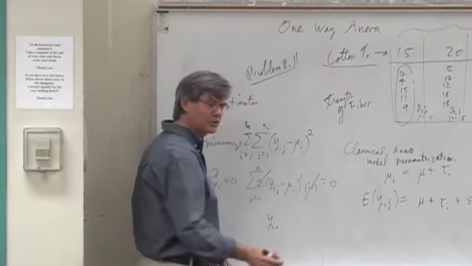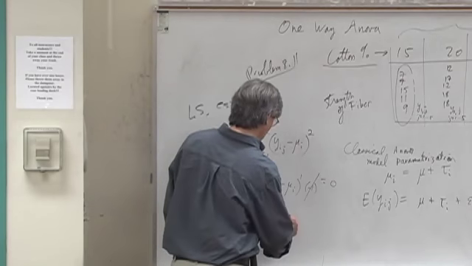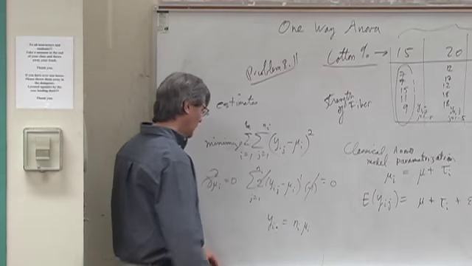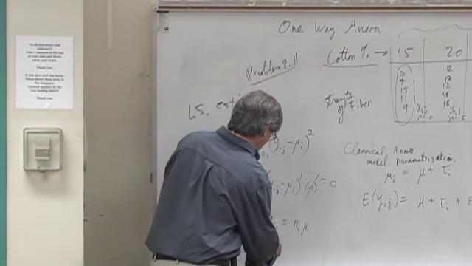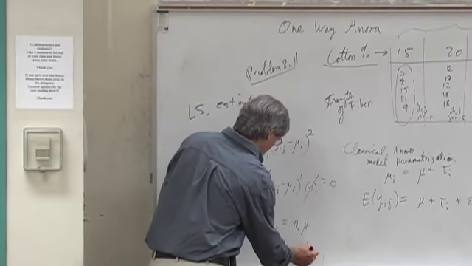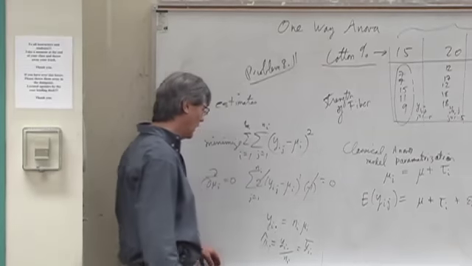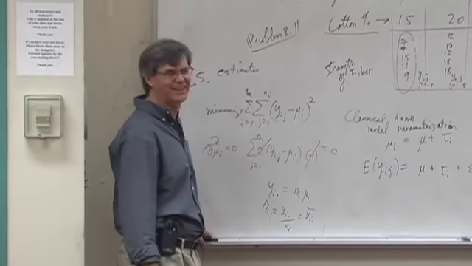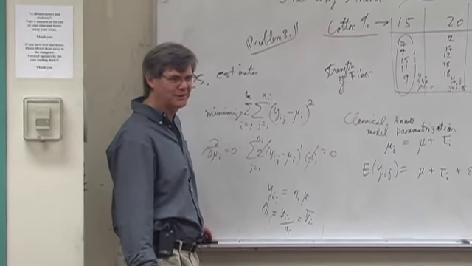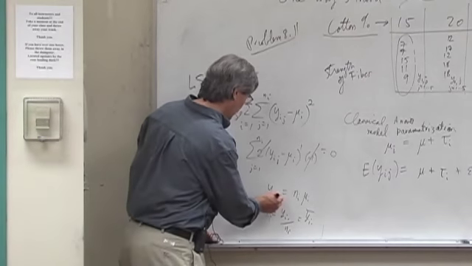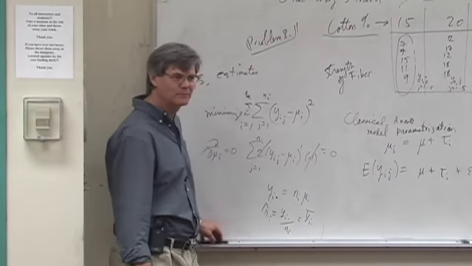This means sum on j: yi dot equals ni mu i. Then mu i hat equals yi dot divided by ni, which equals yi dot bar. When you divide by the number of summands in the dot, you put the bar over it. That's the notation if you ever get into the subject of analysis of variance. This is dot notation: sum on the j.